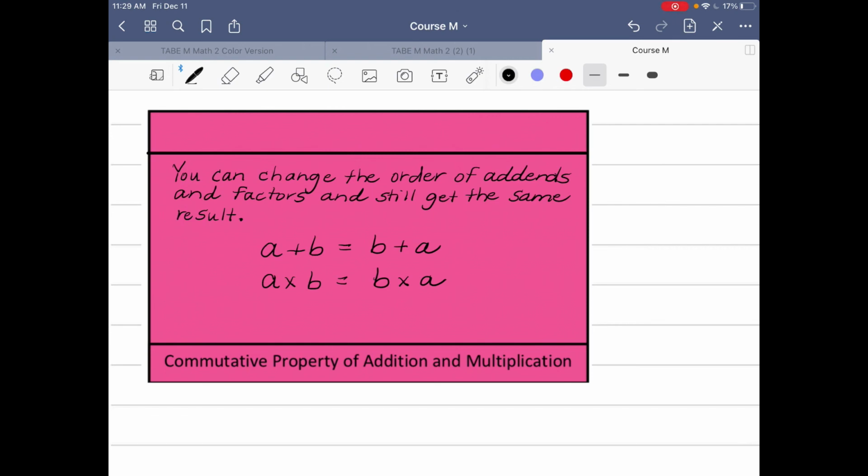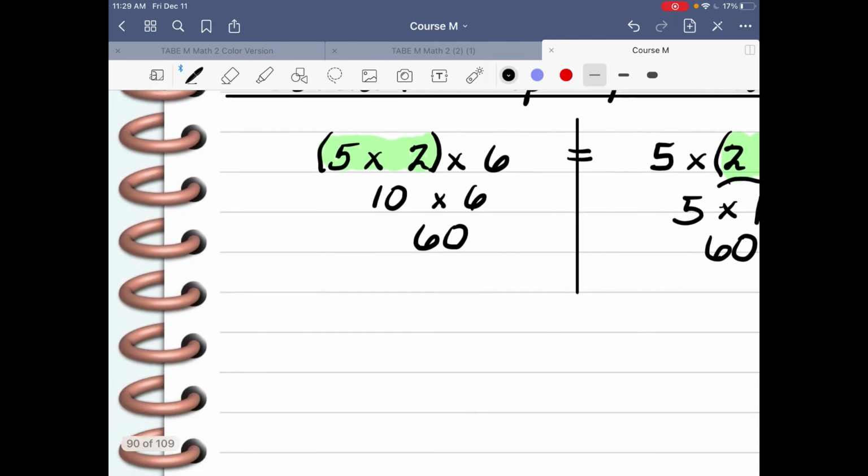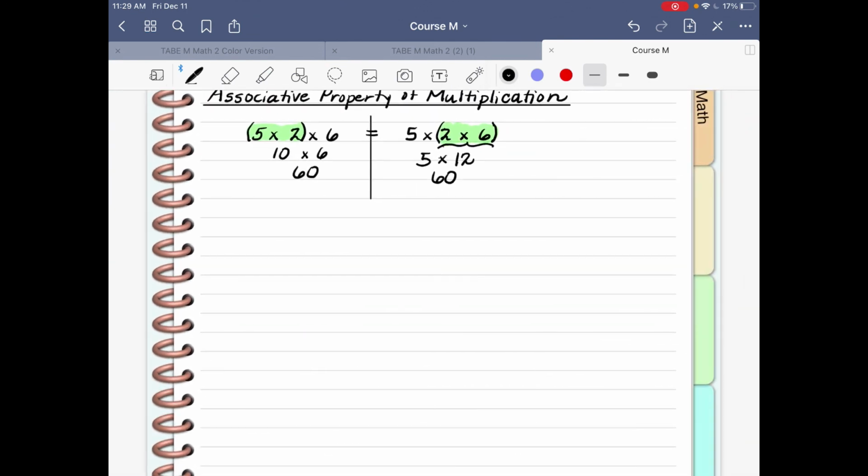So let's look at some examples of the commutative property of addition. And property just means characteristic in this case. Commutative property of addition.